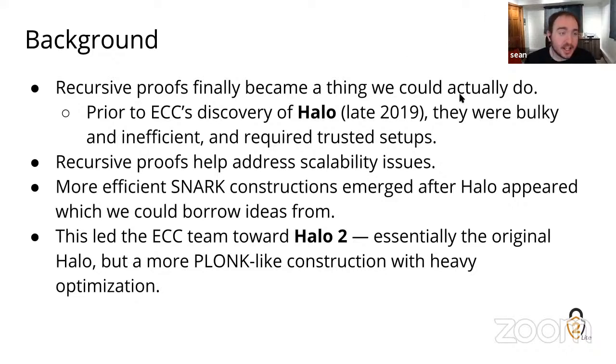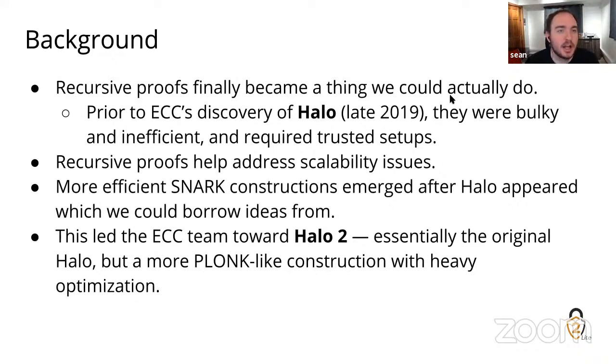So like I said, recursive proofs address scalability issues. After we posted Halo, there was a flurry of new papers, not only building on top of Halo. I guess Halo set off this new lineage of recursive proofs that were more and more efficient, and new ideas are coming out every other month at this point. Also, in parallel, the crypto community has been building new SNARK constructions, and we can cross-pollinate ideas from both of them.